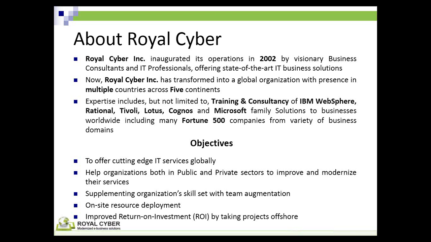The company started in 2003, and since then, our experts have been leaders in providing training and consultancy of IBM Rational, WebSphere, Tivoli, Lotus, Cognos, and many Microsoft family solutions to businesses worldwide. Our clientele includes many Fortune 500 companies as well.